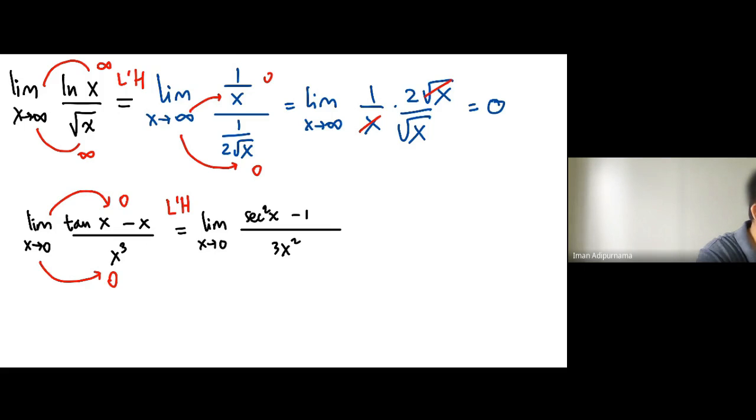And if you look here, it's still 0 over 0 again, right? Secant 0 is 1, so 1 minus 1 is 0, so 0 over 0. We can do L'Hopital rule again.